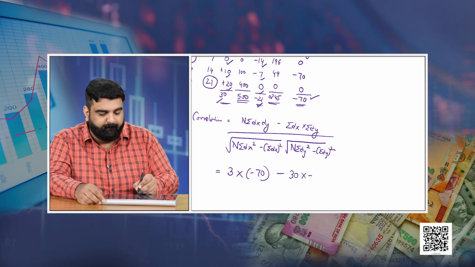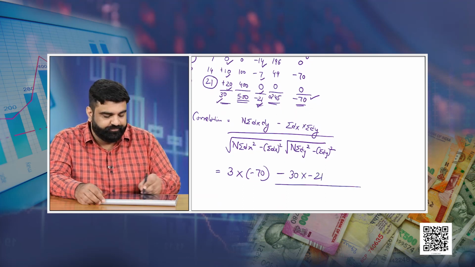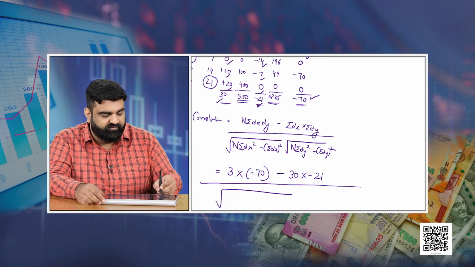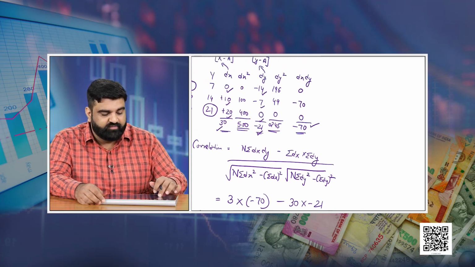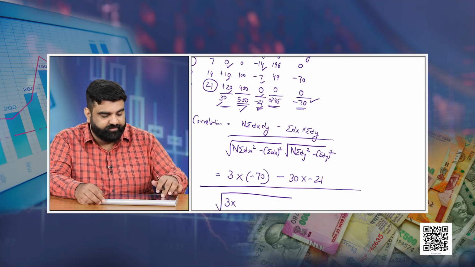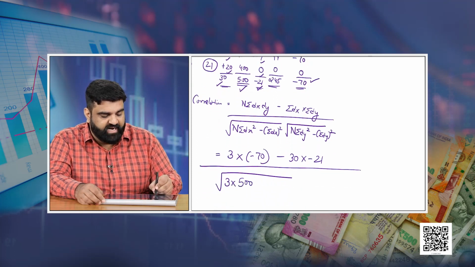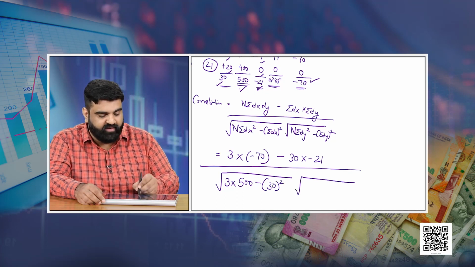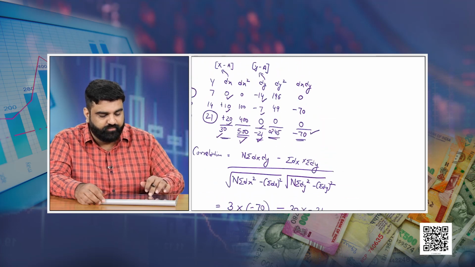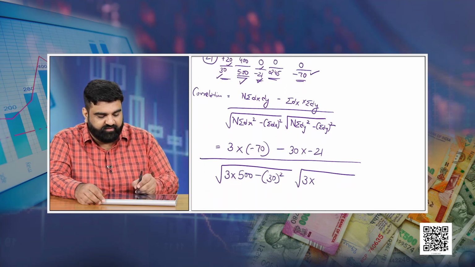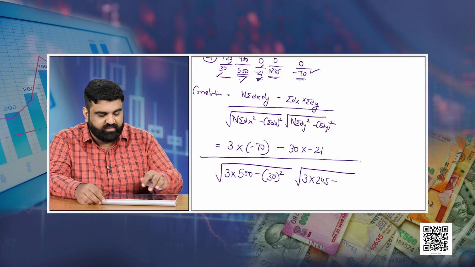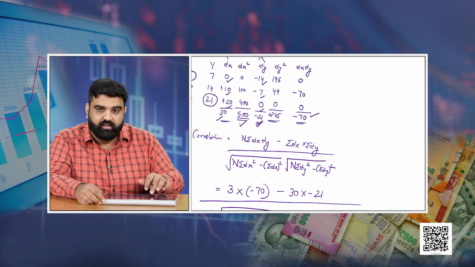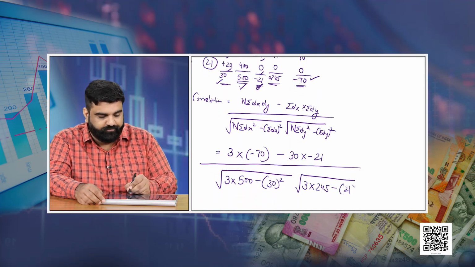Now, we have n, and the value of sigma dx square is 500, minus sigma dx the whole square, which is 30 squared. Then I have 3 into 245 minus sigma dy, which is 21 raised to the power of 2.